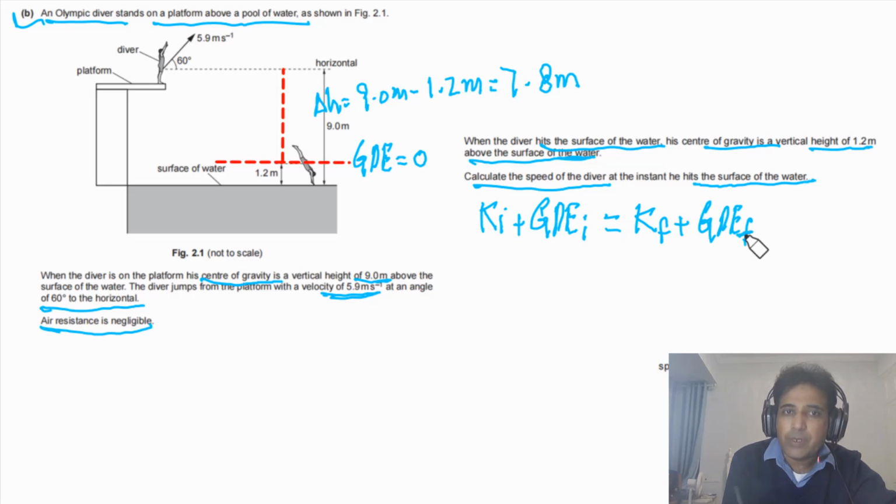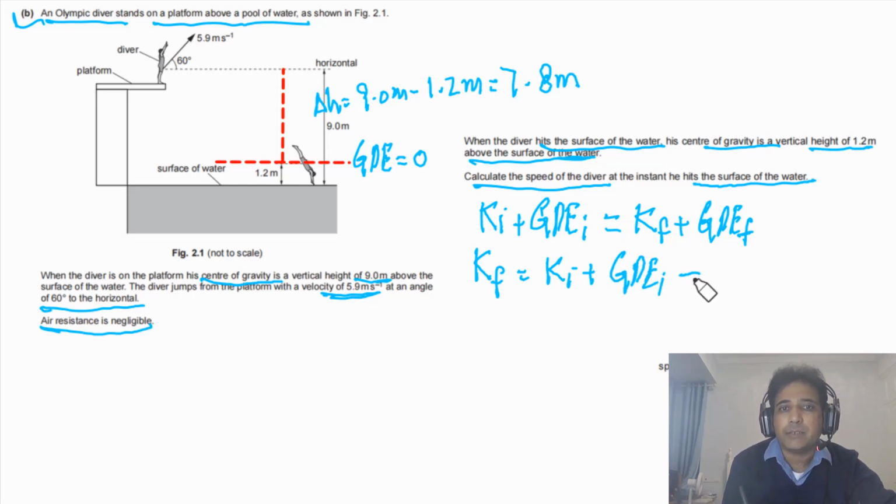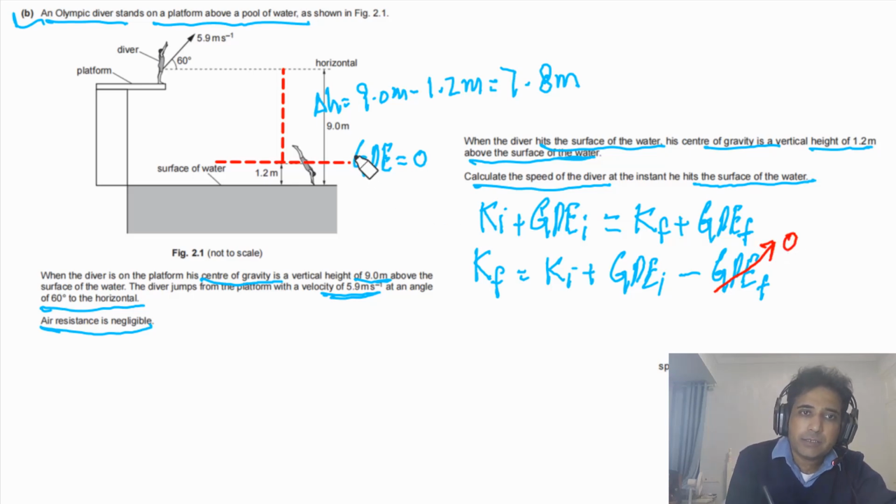So we have GPE final equal to 0, and we can write down kinetic energy final will be equal to kinetic energy initial plus GPE initial minus GPE final. But GPE final is equal to 0 because we have defined this as the reference level and GPE at this point is equal to 0.